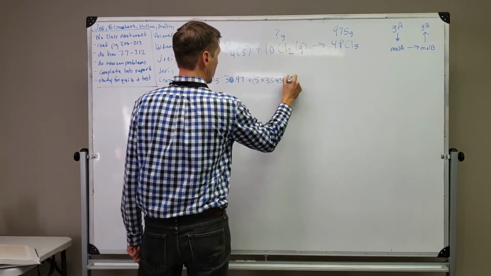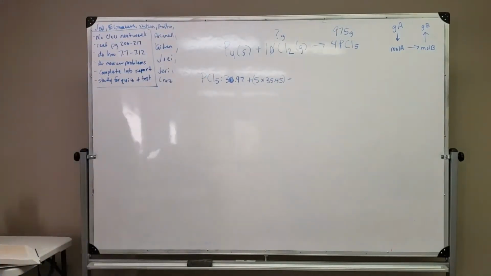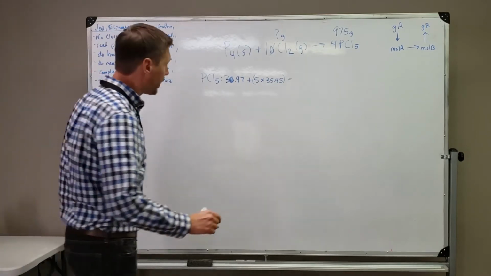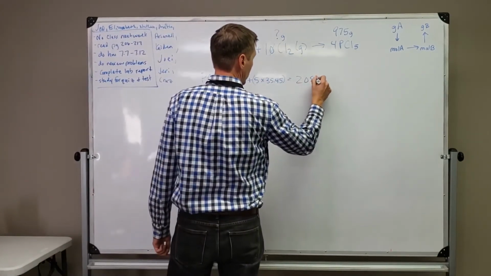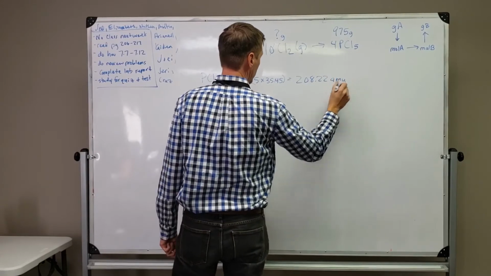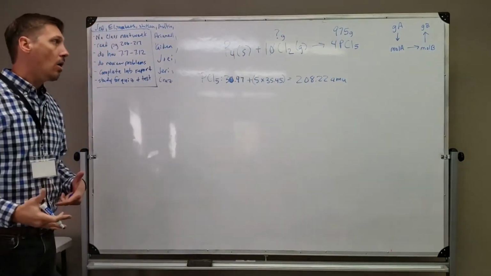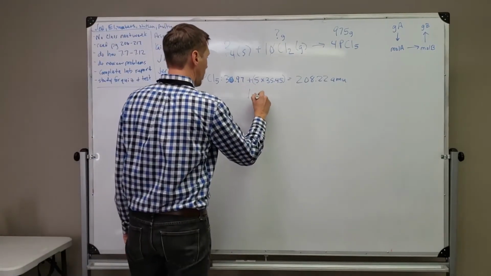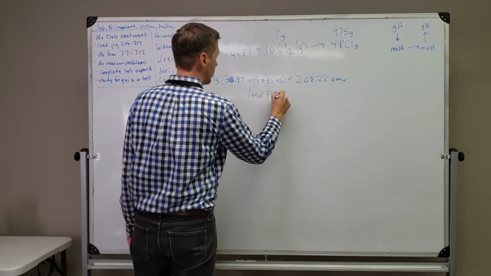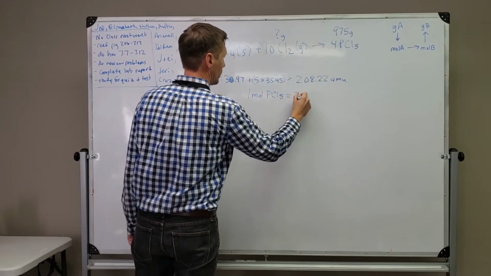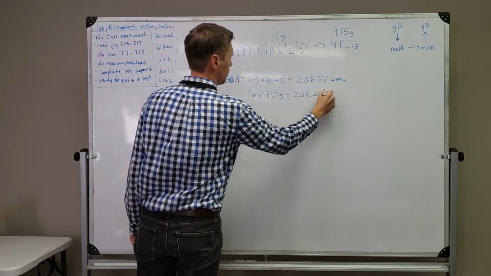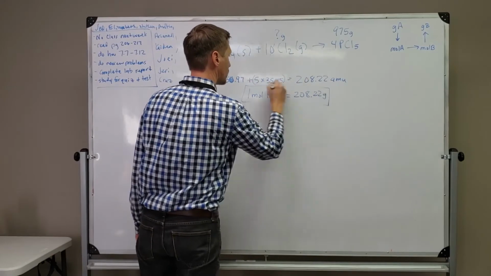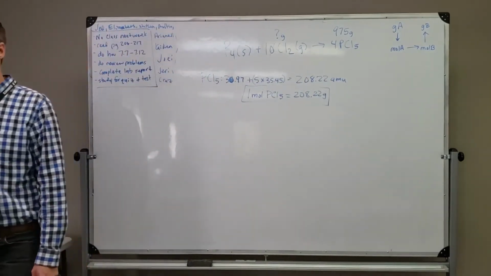Does that look correct? All right, and that's 208.22 AMU. So now I know the molar mass of PCl5. I know that 1 mole of PCl5 has a mass of 208.22 grams. That's why we find the atomic mass, so we can determine the molar mass.